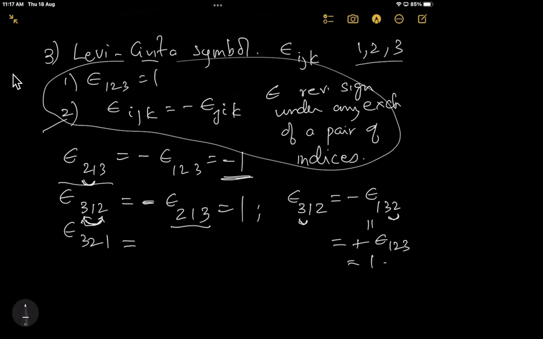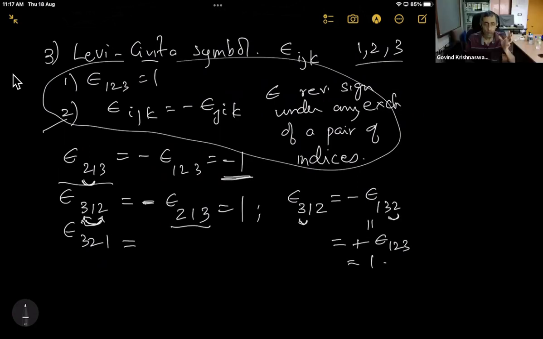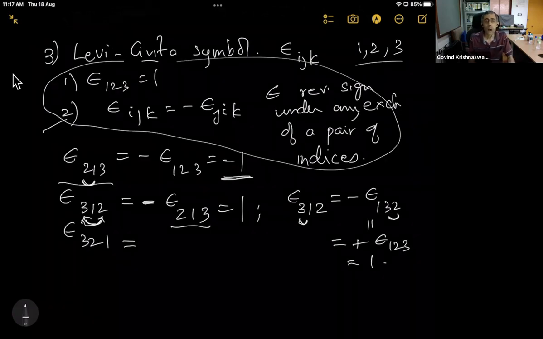So can we directly state that all permutations of 1, 2, 3 that have come about by an even number of shifts have +1, whereas those with an odd number of shifts have -1? Yeah, correct. The statement you made is essentially correct.